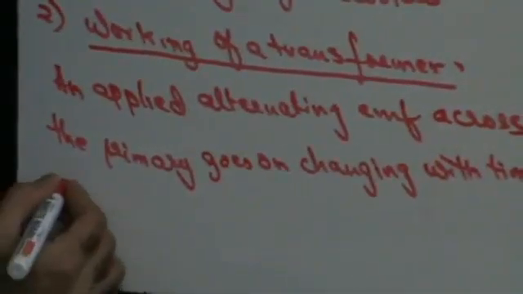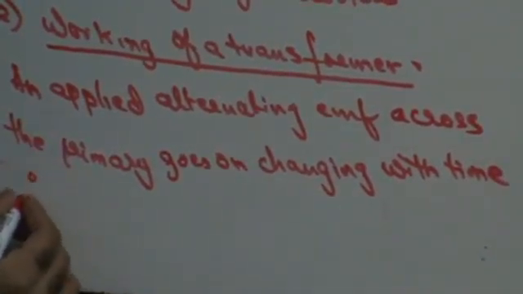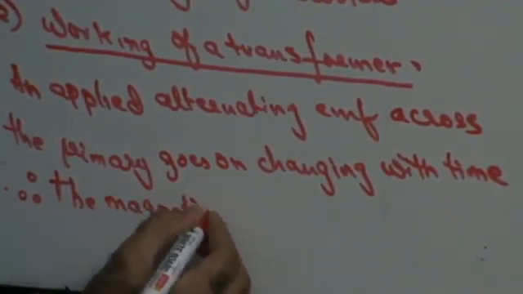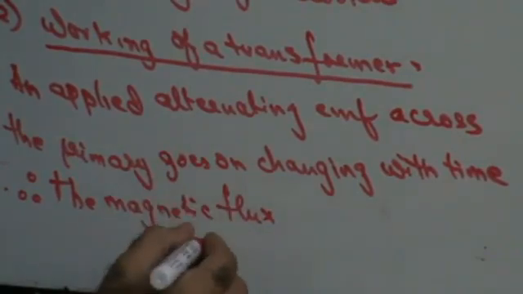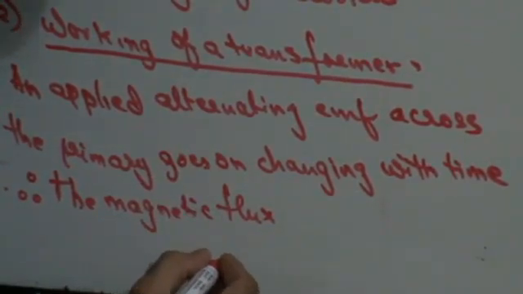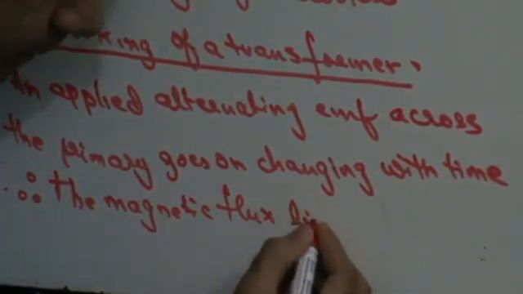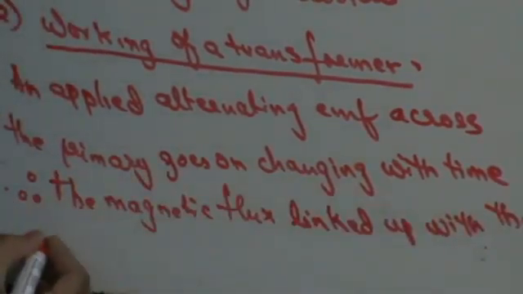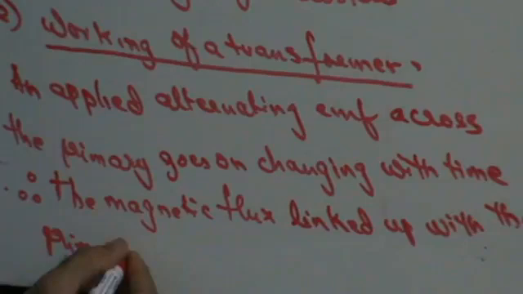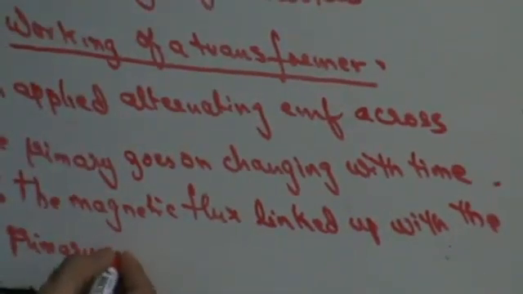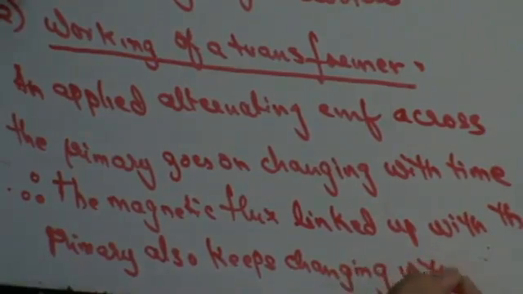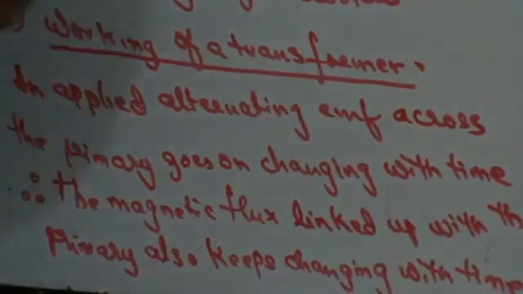Therefore, the magnetic flux linked up with the primary also keeps changing with time. Right?